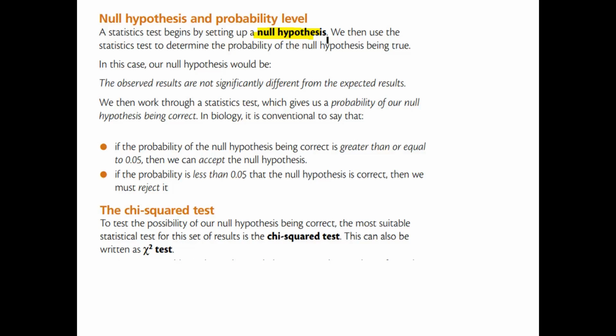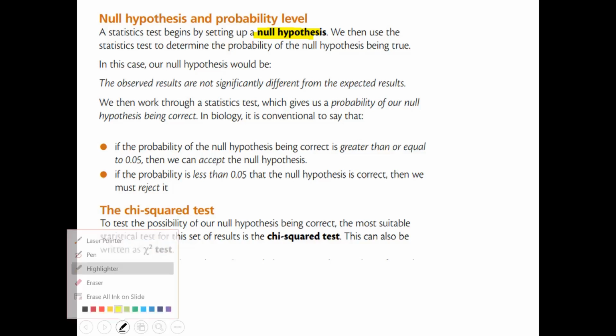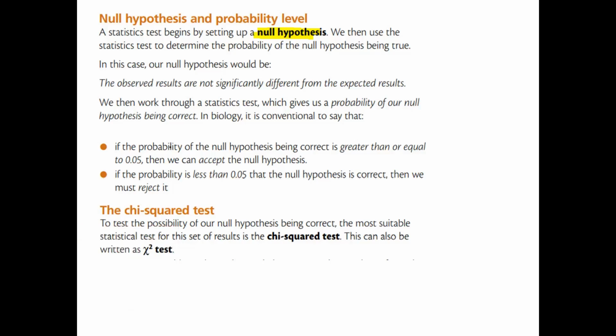In statistics, right now we'll focus on the biological aspects. The probability we take as the cutoff is 0.05, or you may mark it as 5%. If the probability is 5% or greater, we will accept the null hypothesis, that the observed results are not significantly different from the expected results.